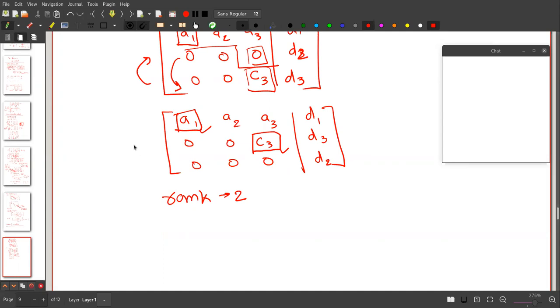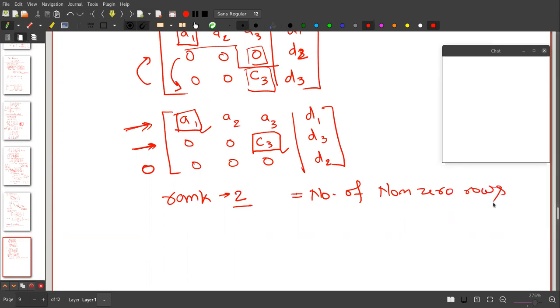Let me say it in some other words. It has two non-zero rows and one zero row. So the number of non-zero rows is the rank, it is equal to the number of non-zero rows.